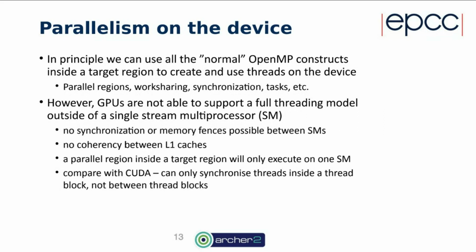Inside an SM, you have all this synchronization facility available, so you can execute a parallel region there, but that's still not much use. If you're familiar with CUDA, you see the same corresponding restrictions: you can only synchronize threads inside a thread block and not between thread blocks.